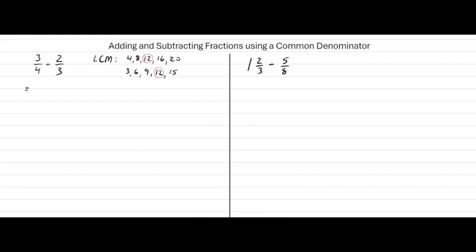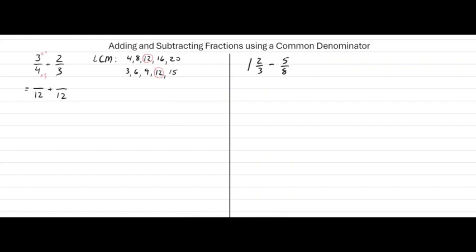This means that both fractions will have a denominator of 12. So for the 4, we say what number times 4 would give me 12, and that's 3. One rule is whatever we do to the bottom, we do to the top.